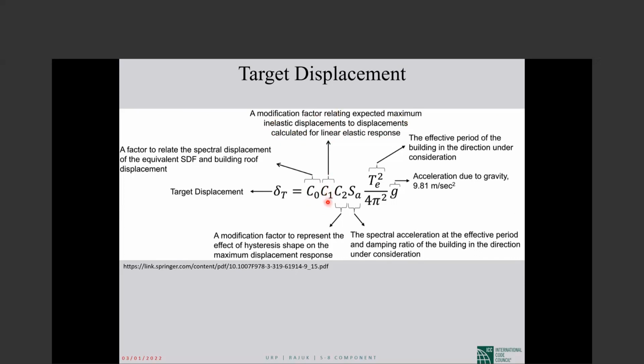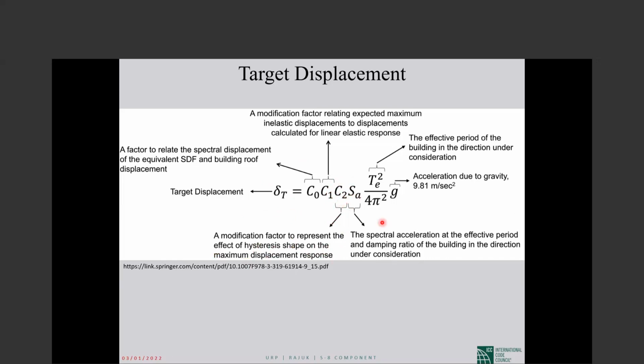And C2 is a modification factor to represent the effect of hysteresis shape on the maximum displacement response, so all the deficiency of the existing building compared to a new building will be included in the calculation of the target displacement, mainly through C2.